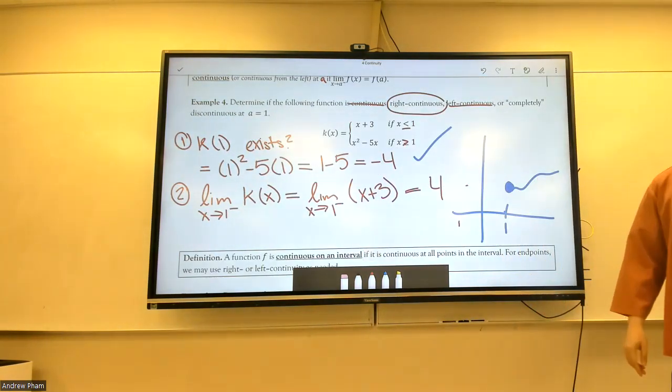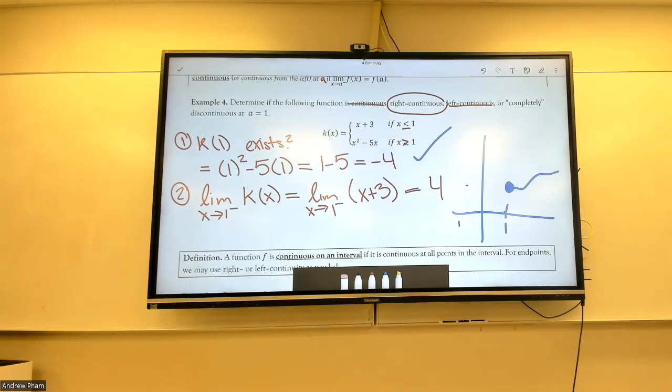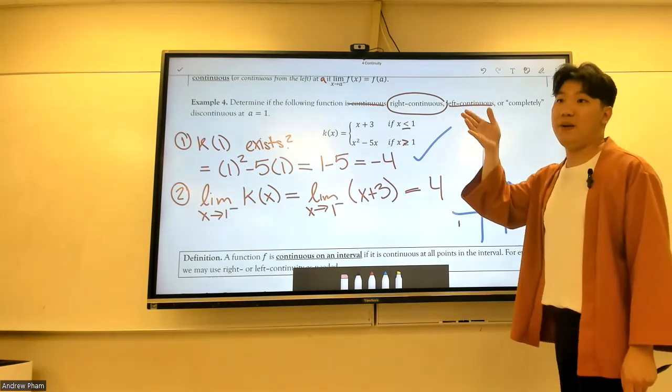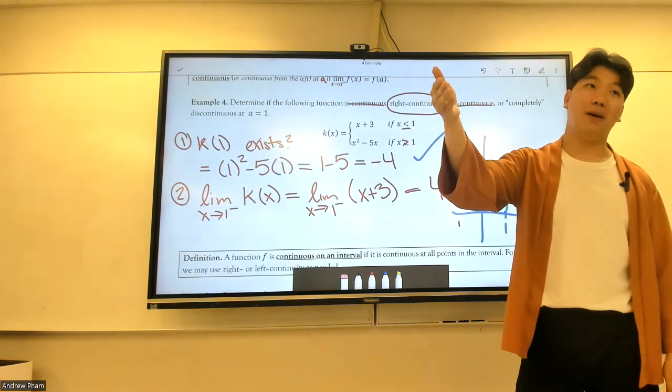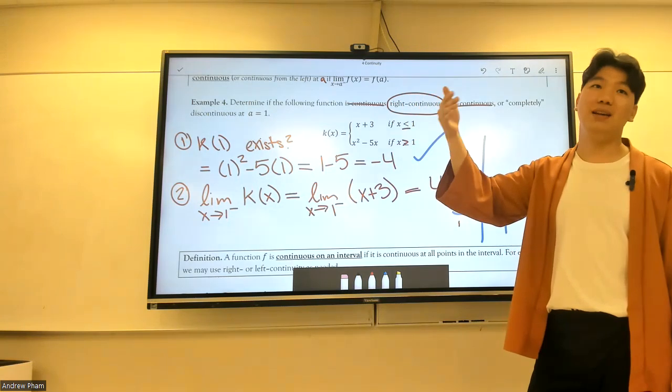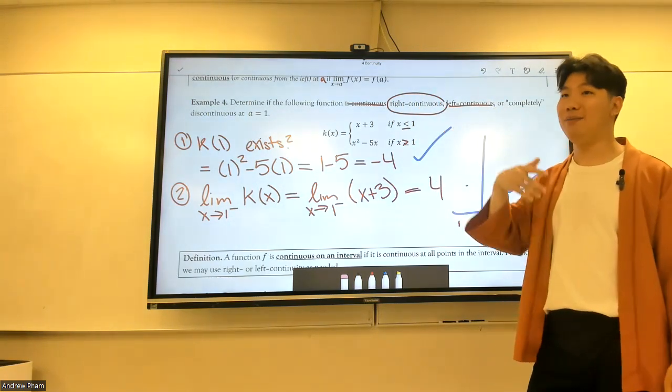Any questions about this example 4? All right, so next thing I will talk about is, so far we've been doing continuity at a point. Next thing I'll talk about is continuity on an interval.